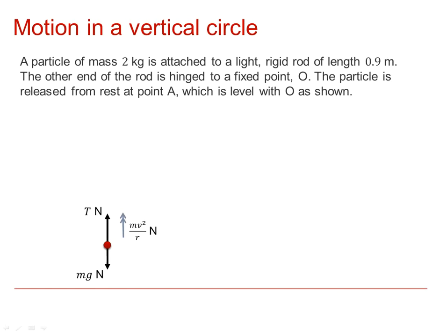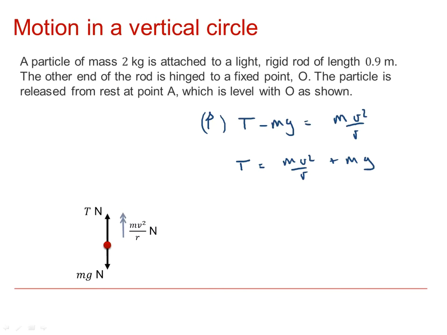Once we've got our forces on the diagram, we can resolve vertically, so that T minus mg must be equal to the centripetal force mv squared over r, so that T is equal to mv squared over r plus mg.